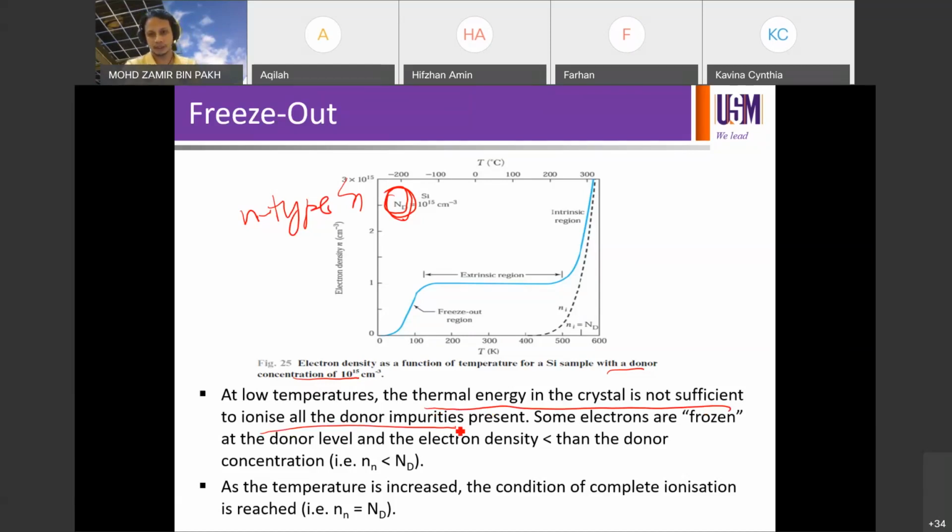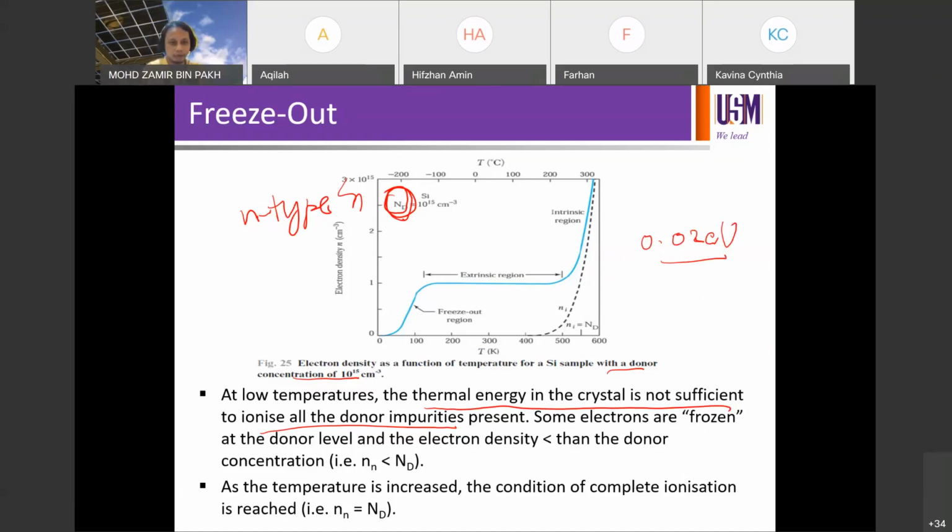Recall last time we discussed the energy needed to ionize is about 0.02 eV. So that means the temperature is not even surpassing 0.02 electron volt in order to ionize. As a result, most electrons are frozen at the donor level, and the electron density is less than the donor concentration.